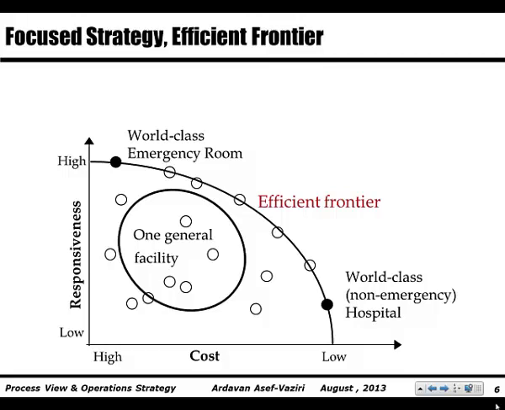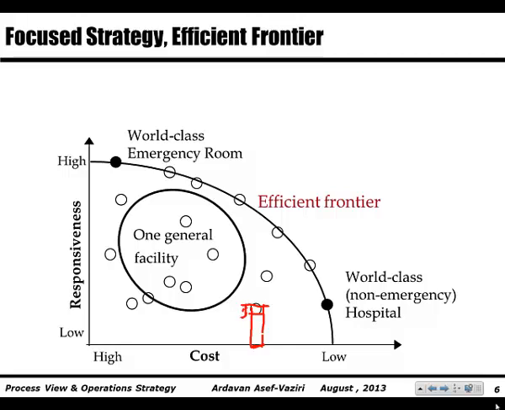A focused process, a focused organization occupies a small portion of the four-dimensional space of competitiveness. For example, here in this two-dimensional representation, this focused process has small cost variations and small responsiveness variations.